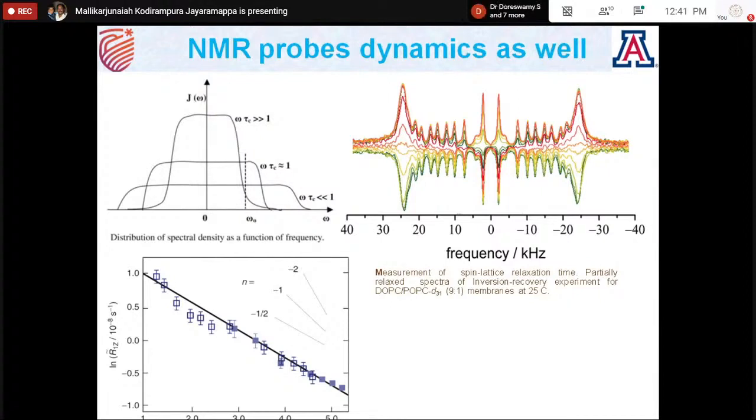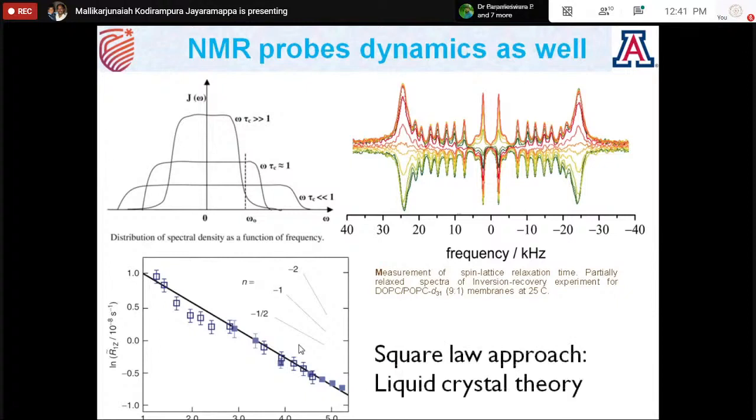And if I do that kind of experiment and plot it in this particular fashion, it follows a square law. This square law approach is very well established in our liquid crystal theory. I just want to bring it out. Though our systems are biological in nature, these are all connected to our physics problems. And these are the particular details.